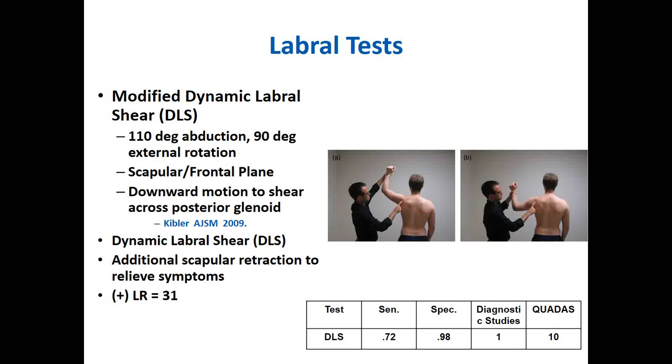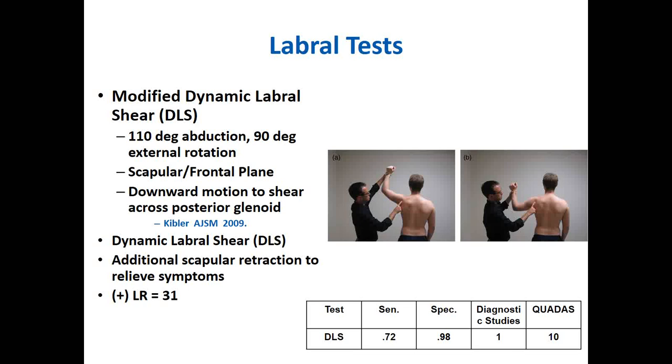And then you apply an axial load as you adduct the arm. So you apply an axial compression load and then downwardly adduct the arm to shear the humeral head against the superior posterior labrum. So that's called the Modified Dynamic Labral Shear Test. It's really the dynamic labral shear test in the literature. Most people don't use the word modified.